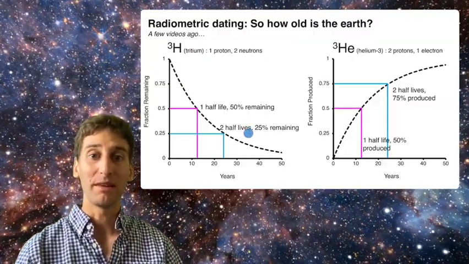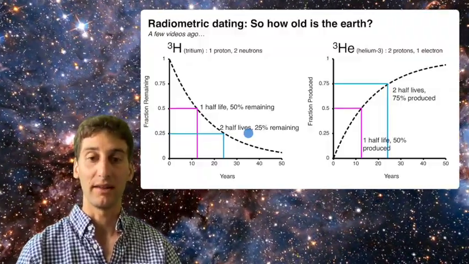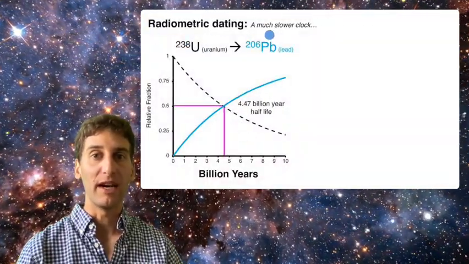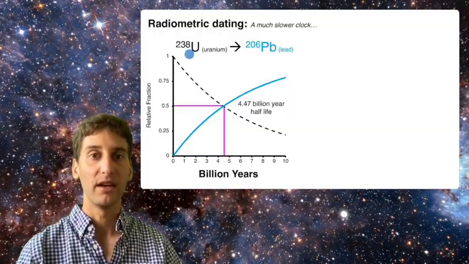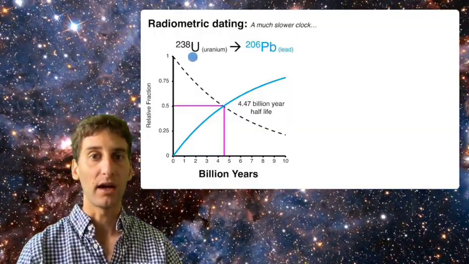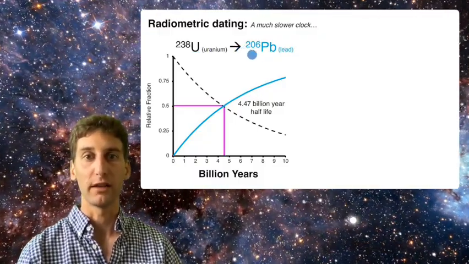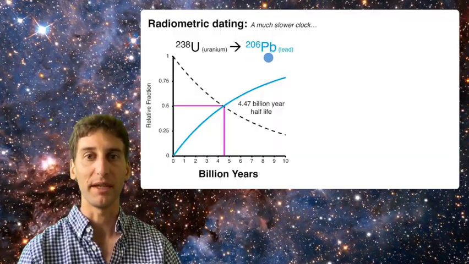But what we need is something that's going to stick around a bit longer than 12 years, because the moon and the Earth are a lot older, and I hope you know that. So what we can do is find a much slower clock, and we find that in the uranium-238 decay timescale. Uranium-238 is a common form of uranium on Earth today, and it decays regularly to lead-206, whose abbreviation is Pb here.